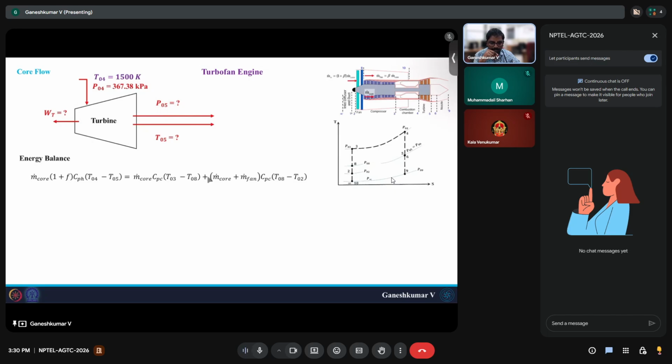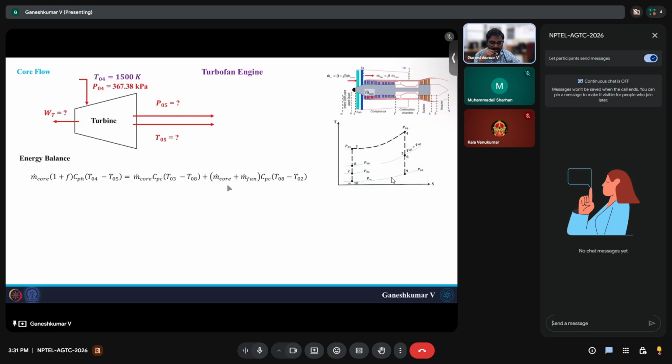Okay. Now, in addition, some more work is provided to the fan, because the fan does not rotate by itself. So you need to give some work to the fan, and that is from m dot core plus m dot fan. So the fan is operating on the entire m dot infinity.